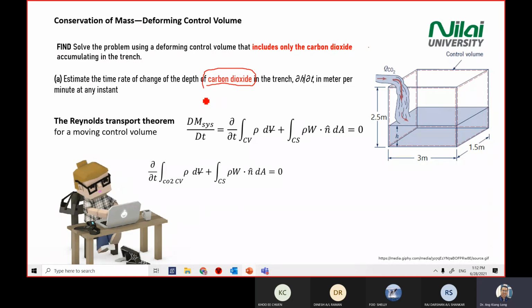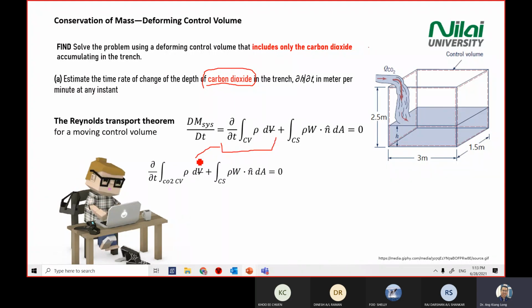What is the time rate of change of depth of, for example, oxygen, or just normal air in the control volume? In this case, I show you carbon dioxide. Carbon dioxide is going in with a Q.